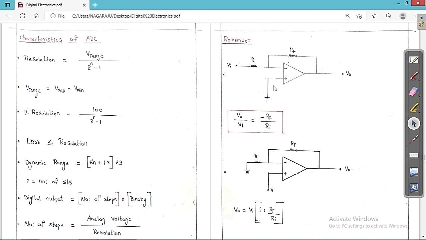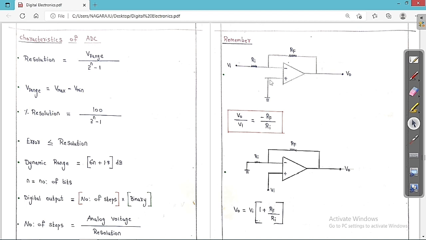These derivations were already told to you in the analog electronics subject. So V0 is equal to Vi into minus Rf by R1. So V0 by Vi is equal to minus Rf by R1, where Rf is called the feedback resistor and Ra is called the input resistance. We get this expression with the help of the virtual short circuit concept, because here it is 0 volt, as the input current is always equal to 0, so whatever voltage is here should always be equal to the voltage here.